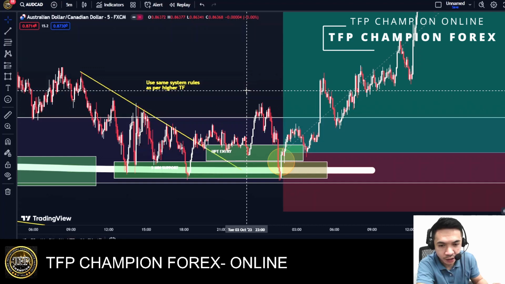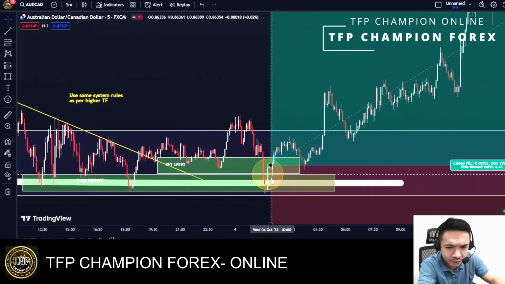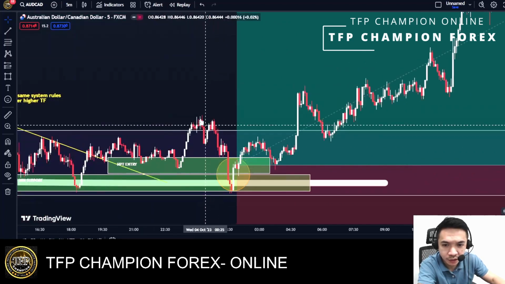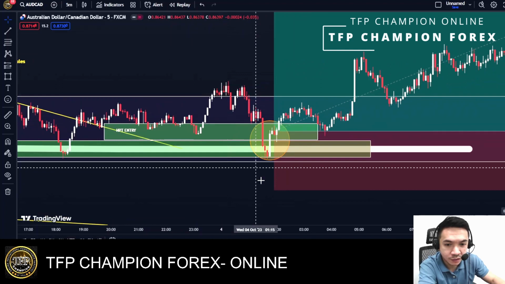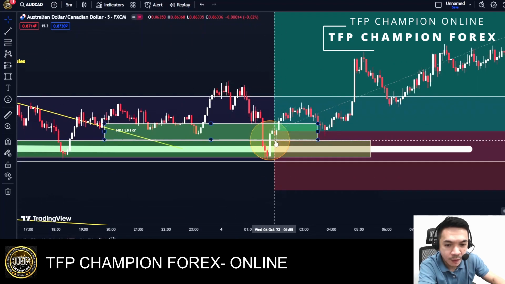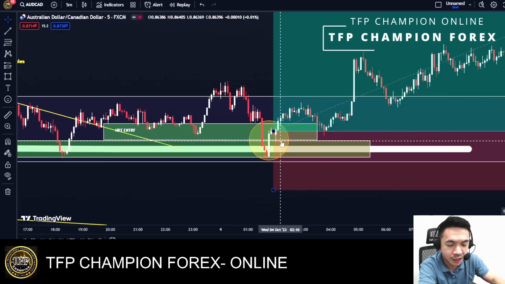Nandyan yung mga engulfing, buying pressure candles like pin bars, etc. Okay, so again, ang nakita ko is etong engulfing candles na to, engulfing candle pattern.